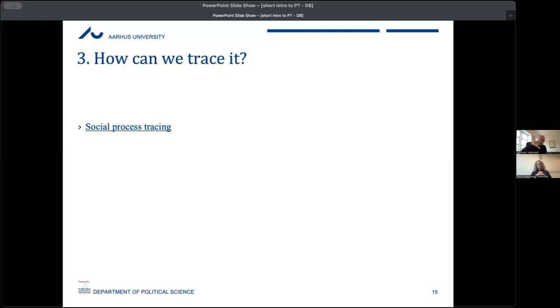To actually understand why actor B responded in a particular way, we would want to look at things like how actor B perceived the action from actor A. And for actor A, what kind of intention, what were the motives? What was the meaning that they ascribed to the action that they undertook? Those would be some of the additional questions that the social process tracer asks.